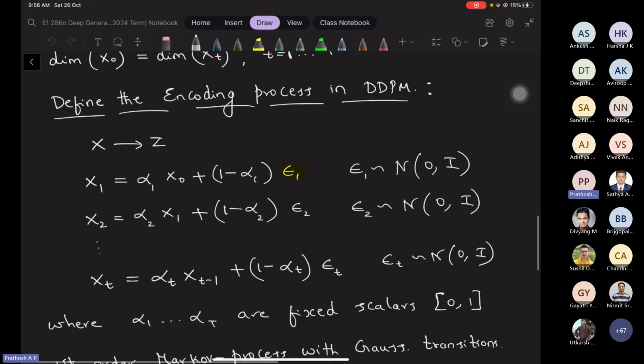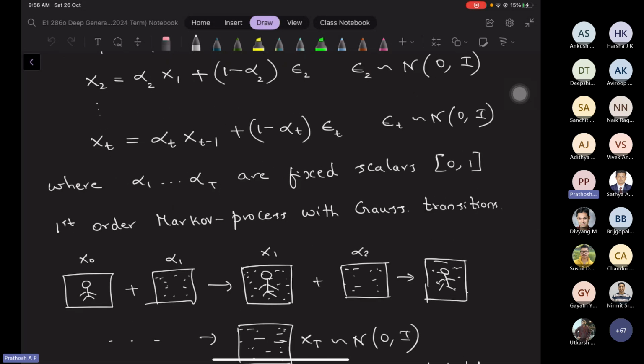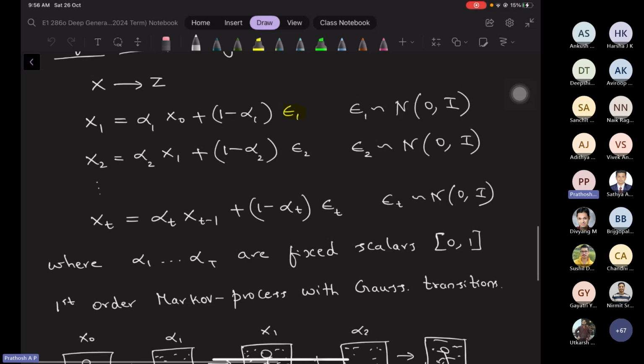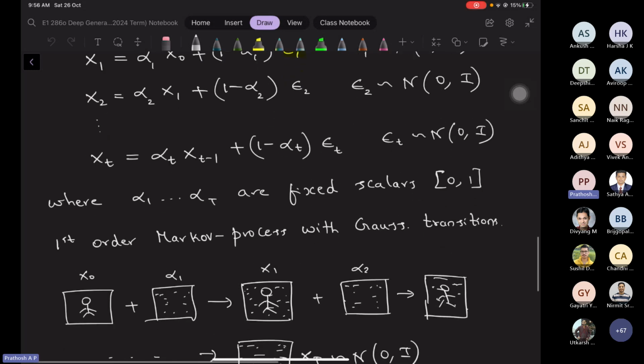You have fixed alphas, alpha 1 to alpha T, and every x_t is given by the scaled previous latent plus some scaled noise, where you sample from normal 0, 1 and add it. This is the so-called forward process or the encoding process in a DDPM. It's a first order Markov process with Gaussian transitions.